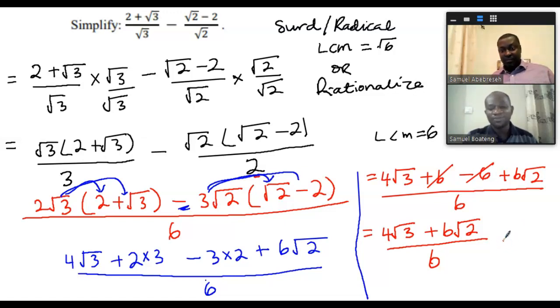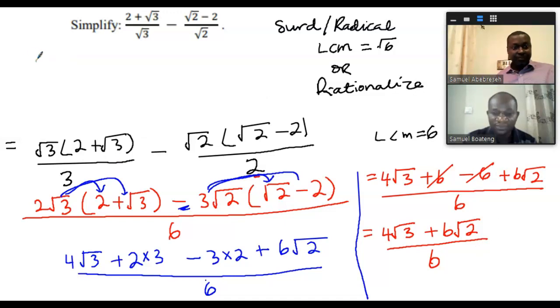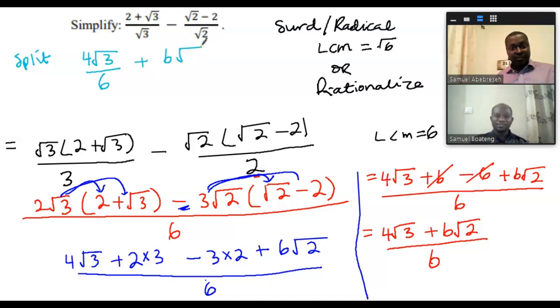But then you can go a little bit further. You can divide 4 root 3 on 6 plus 6 root 2 on 6.